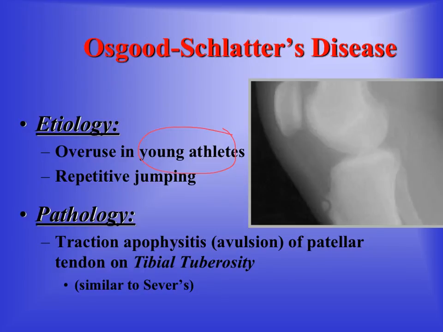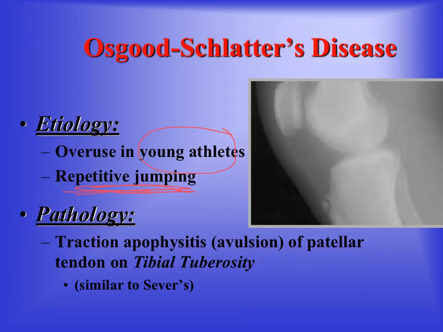The other reason that we see this most often is repetitive jumping in our younger adolescent athletes and or patients that we might see. That repetitive jumping, again, loads the quadriceps muscles, and as a result, it causes the patellar tendon to pull away from the tibial tuberosity of the tibia.